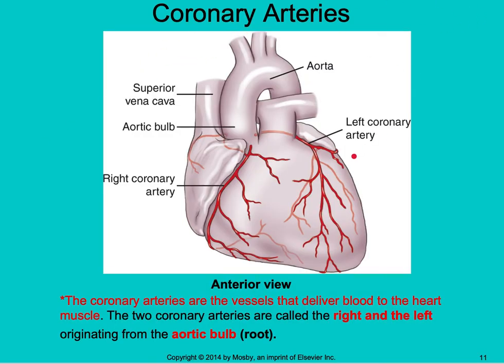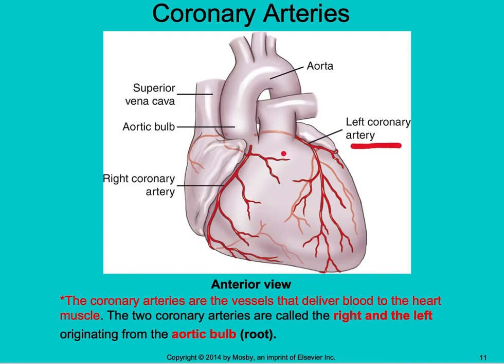Your coronary arteries that supply blood to the heart, okay, they come off of the aortic bulb. So this is an anterior view. The coronary arteries are the vessels that deliver the blood to the heart muscle, okay? So you have two coronary arteries, the right and left coronary arteries.